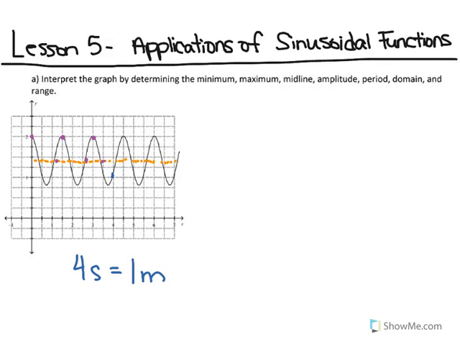So if we were to continue this on, we could look at the pattern. So this is at 2 and 2.5. So 2 and 2.5 are at 1 meter. Then we have 3.5 and 4. Then we have 5 and 5.5. Then we have 6.5 and 7.